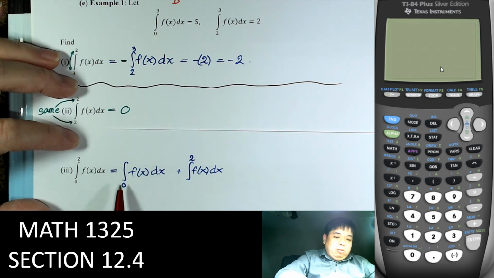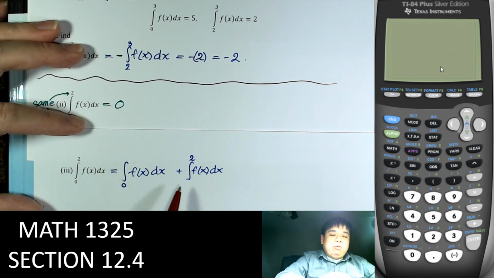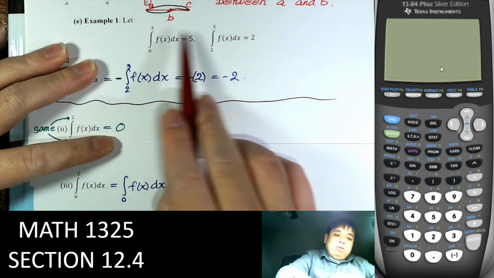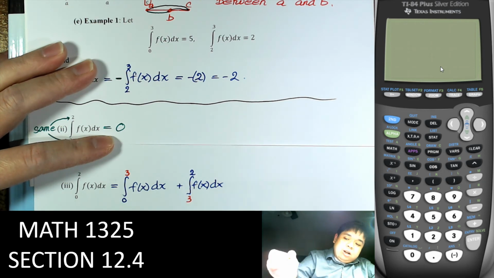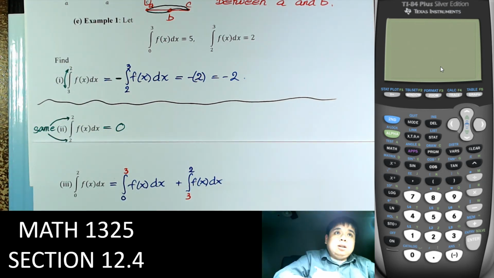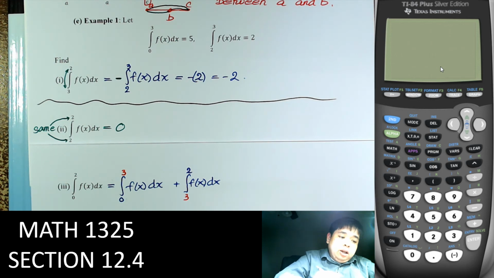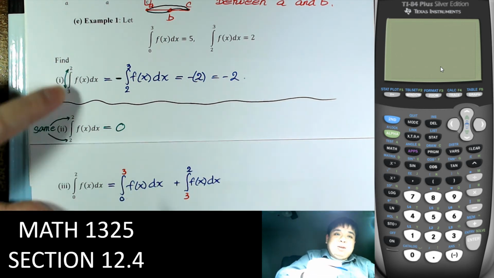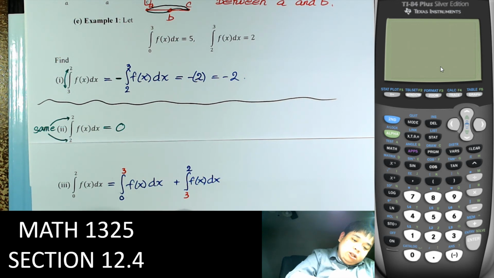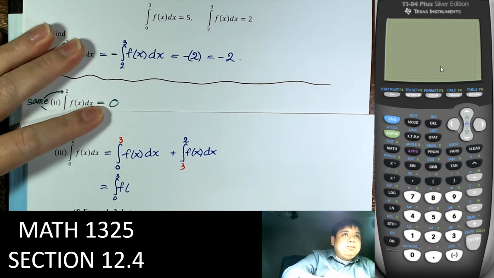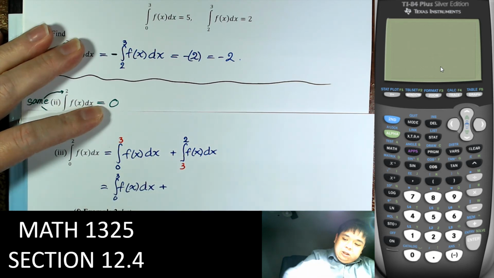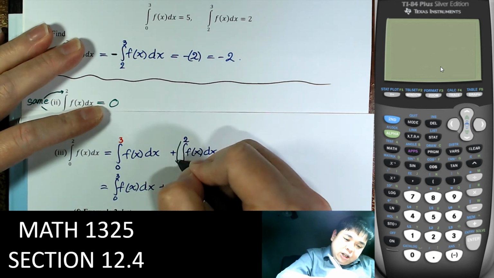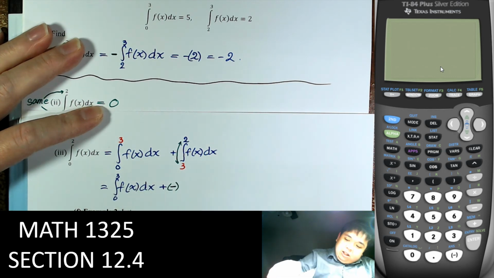And then we can go from 0 to any number, 0 to 5 and then from 5 to 2. That's fine. But in this problem we have 3, so we better use that. So we can go from 0 to 3 and then from 3 to 2. That's what we have. Now, from 3 to 2 we actually have negative 2 already. But if we want to, we just interchange the limits and throw in the negative sign.